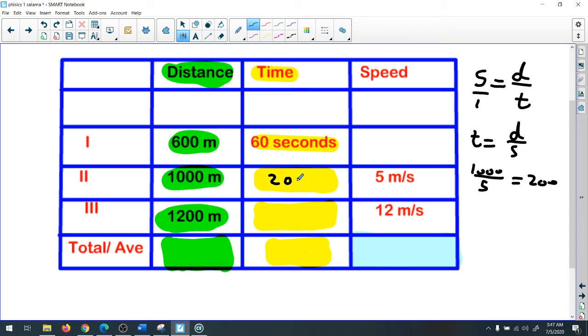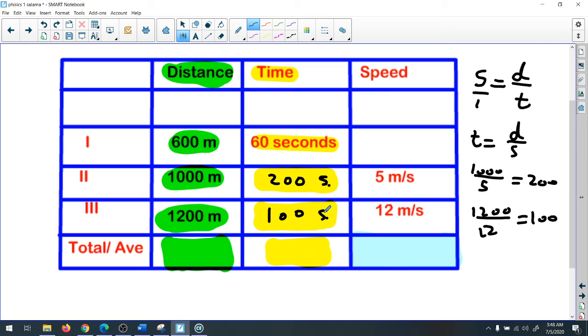And for the third row, you divide the distance by the speed, which equals the time. So 1200 divided by 12 equals 100. So here is 100. That's 200 seconds, and that's 100 seconds.